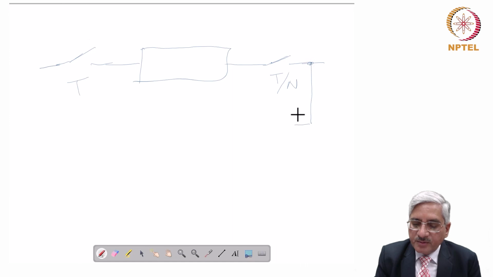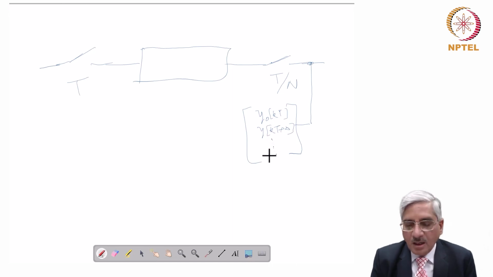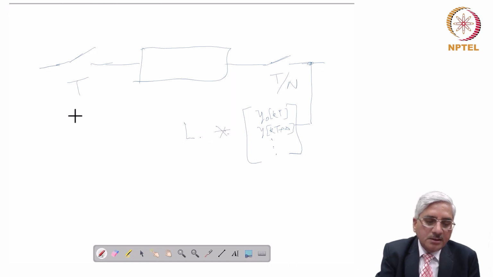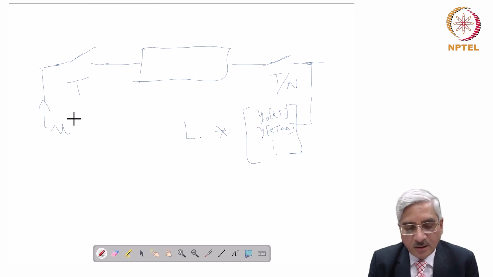Over the time, we get the stack of outputs: y(kT), y(kT plus delta), and so on. They are multiplied by L, and that serves as the input.